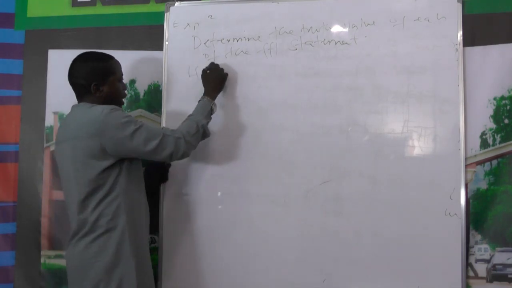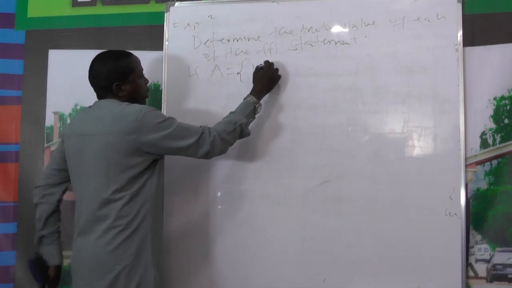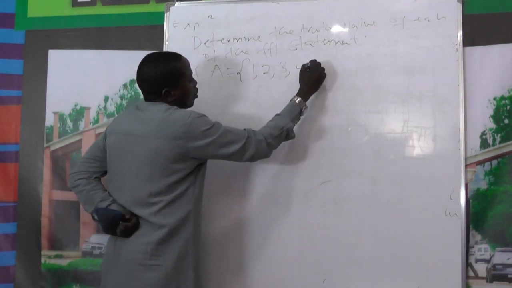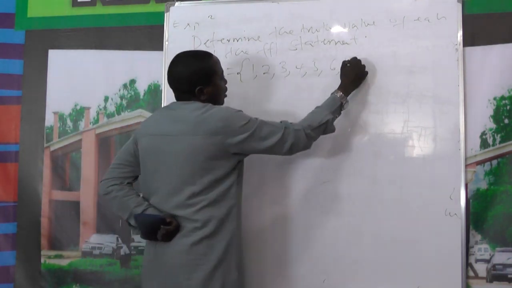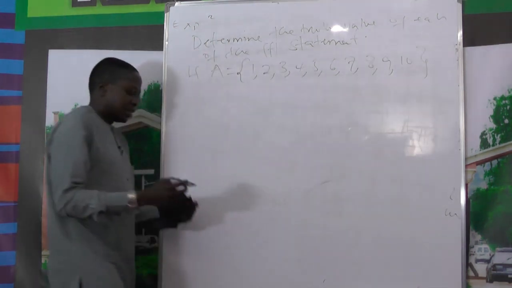If our A is 1 up to 10, 1, 2, 3, 4, 5, 6, 7, 8, 9, 10. This is our set.